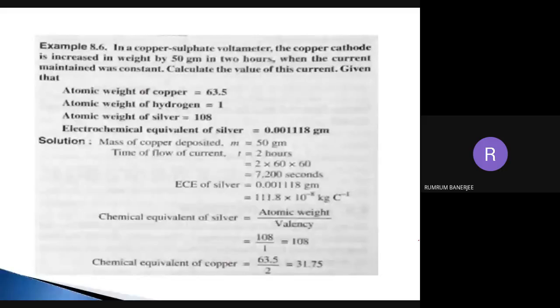Electrochemical equivalent of silver is 0.001118 gram. Solution. Mass of copper deposited, m equals 50 gram.